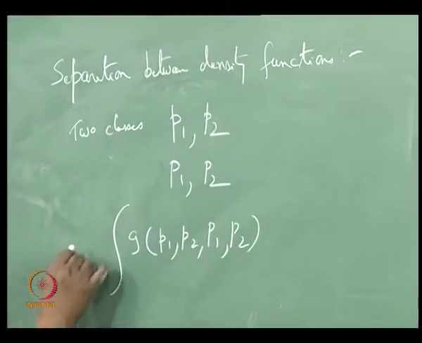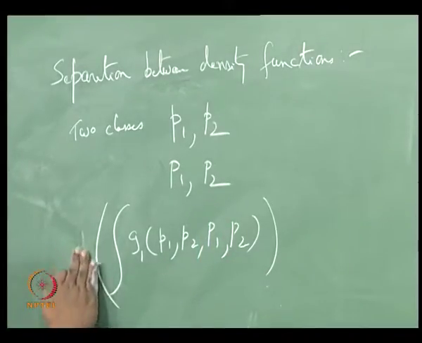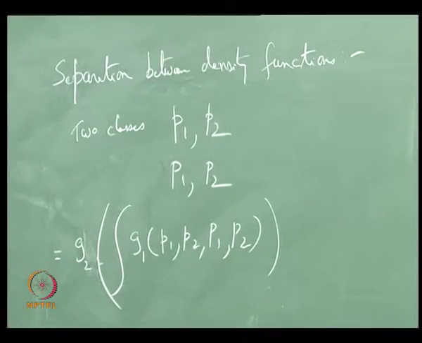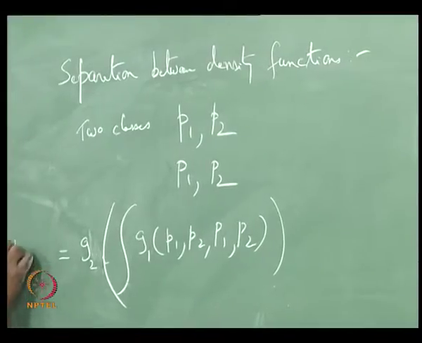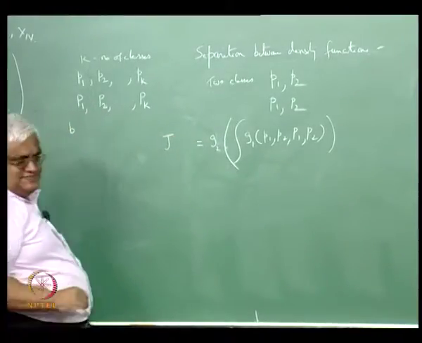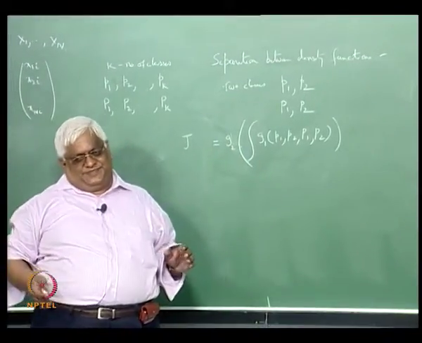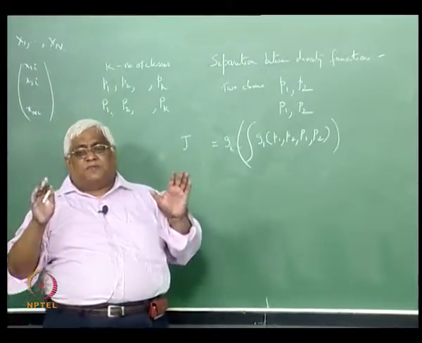And then you need to define some g1 and then again you need to define a g2. So, this is a general way in which you can define separation between density functions. You need to have some g1 here and then some g2, but then it should have some properties.